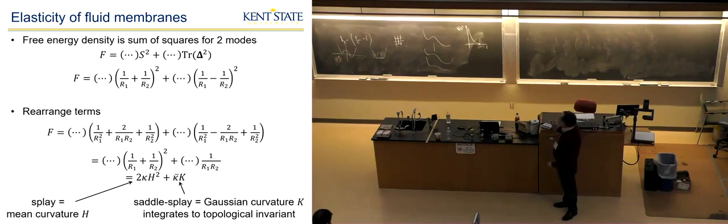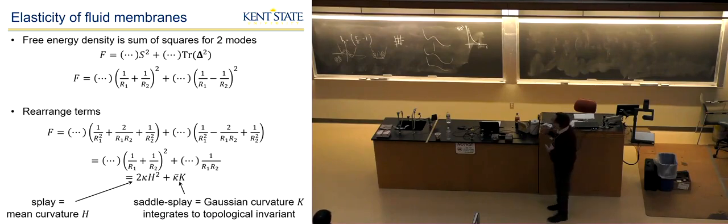What's more, this is what's quite correctly called the saddle splay. It's just like the saddle splay in the liquid crystal case, also known as the Gaussian curvature. And when you integrate it over all the surface, it integrates to some topological invariant, which is associated with the genus of the surface, with the number of holes in the surface.